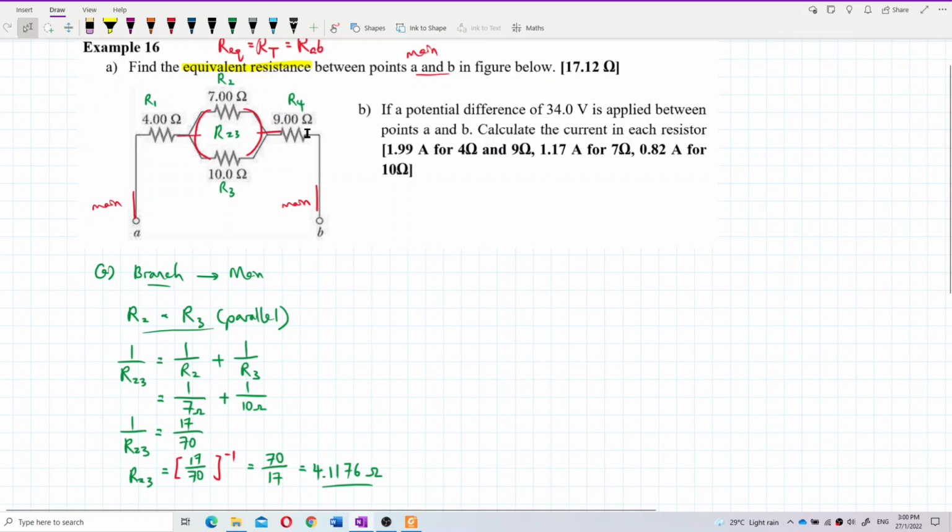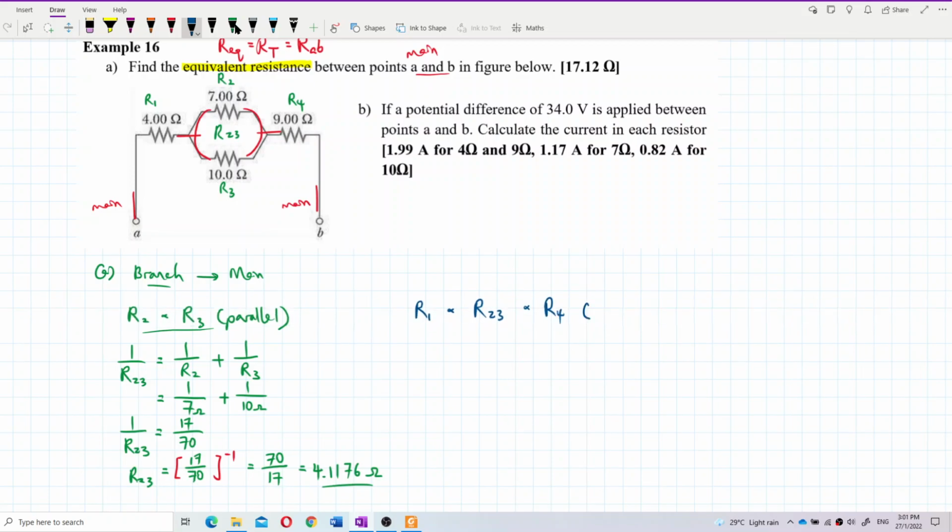So it connects to different resistors. So all of these are in a series circuit. R1, R23, and R4 are all in series.